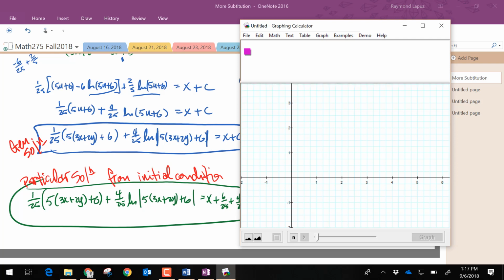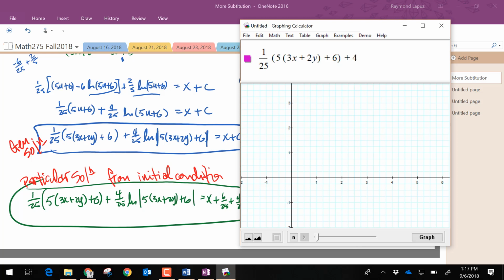All right, so let's see if I can figure out how to graph this thing. 1 over 25, and then we have 5 times (3x plus 2y), and then a plus 6 on the outside. So I'm going to take this expression and copy it.